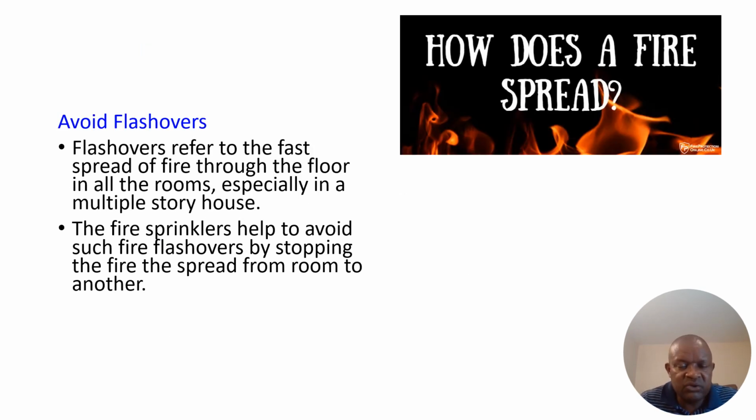And then also they assist in avoiding flashover. How does a fire spread? Those are some of the things that you should remember. How a fire spreads. We actually touched on this. We discussed this earlier on in this training. We discussed how fire spreads, which is a very important topic.